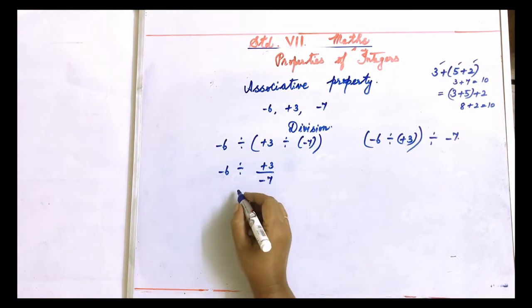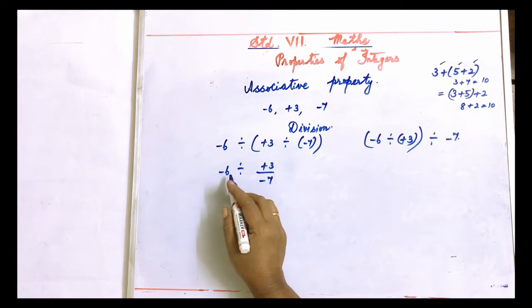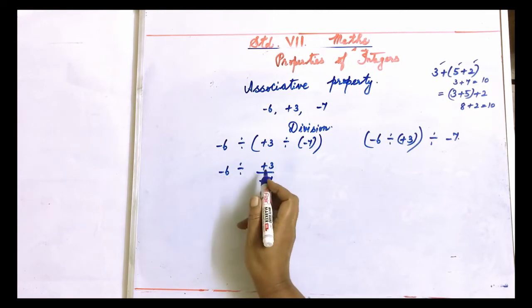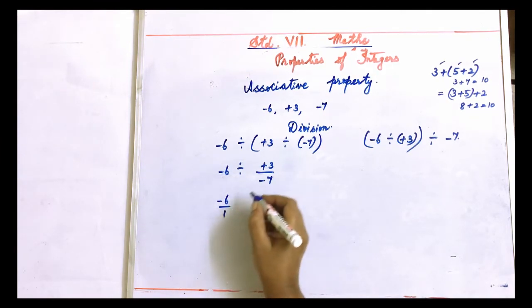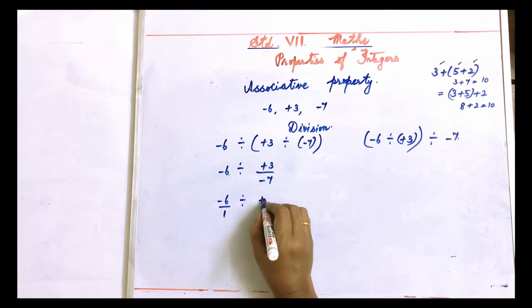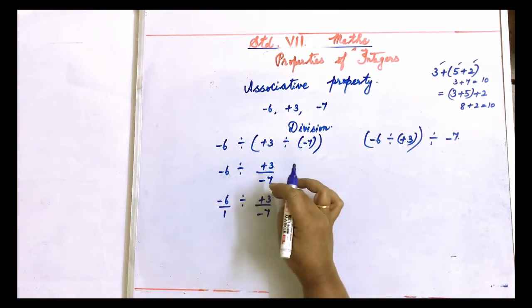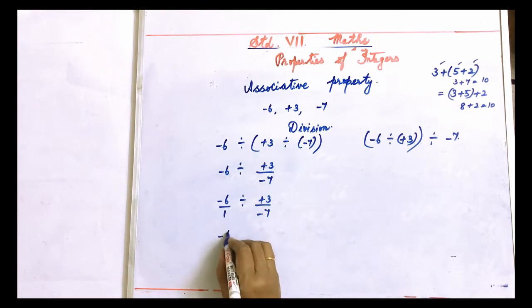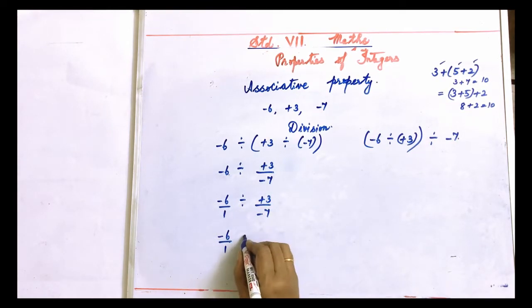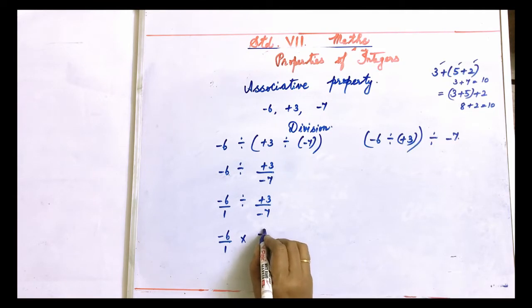In 6th standard you have read division of fractions. So minus 6, if there is no denominator, we should write it as 1, divided by plus 3 divided by minus 7. Whenever we are dividing by a second fraction, we have to write the reciprocal. So minus 6 divided by 1 into minus 7 by plus 3.